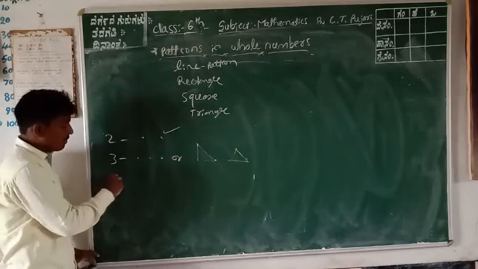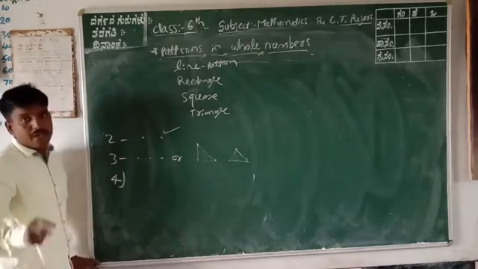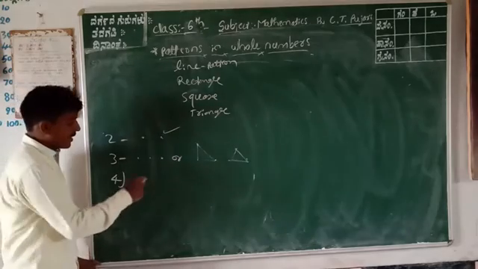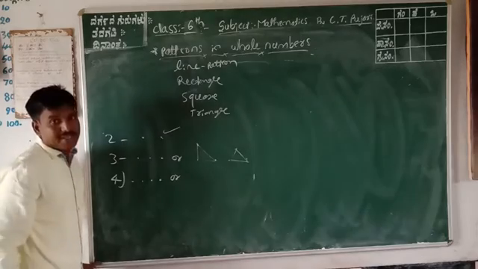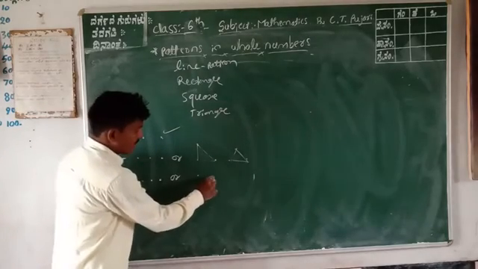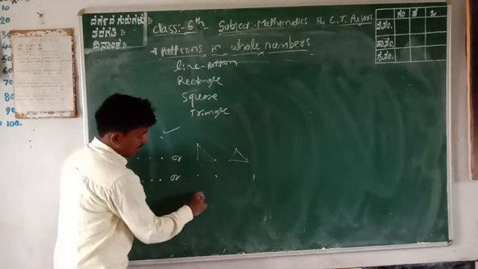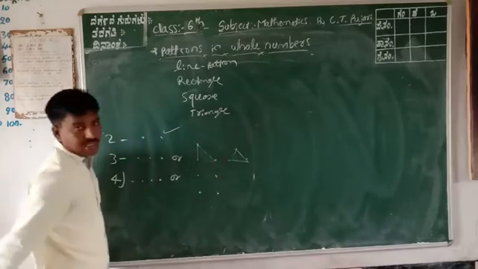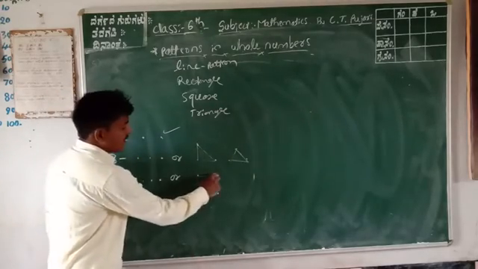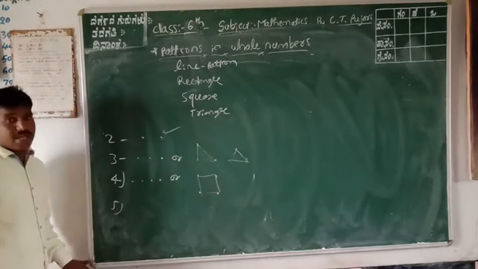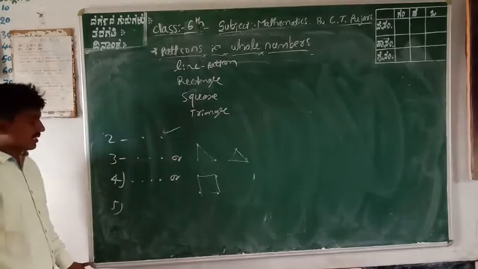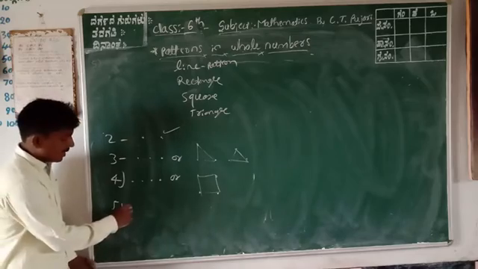Next, the number 4. The number 4 can be written in a line pattern or otherwise a square pattern. Square means like this, the same square. 4 is a square pattern. Got it? Next, 5. In which pattern do you write 5? The number 5 is only a line pattern.